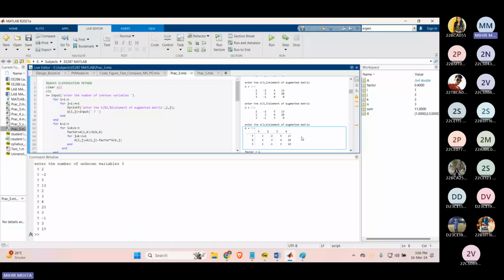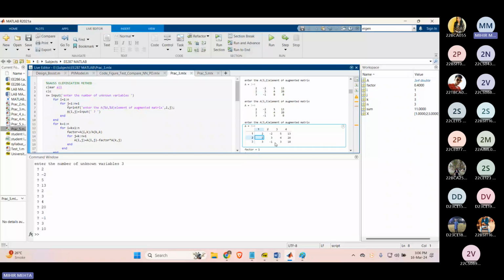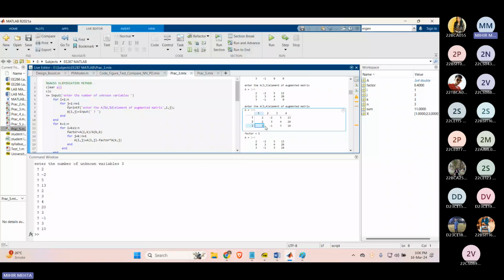Now, what we need to do is convert this particular matrix. Now, understand, see, I want this value as 0, I want this value as 0, I want this value as 0. So, let us first convert this value to 0. Now, how can I convert this value to 0?